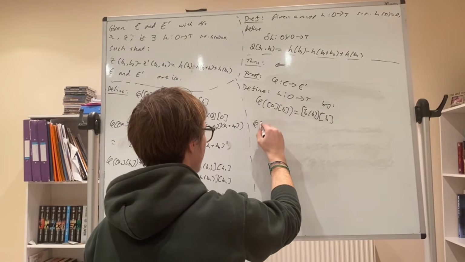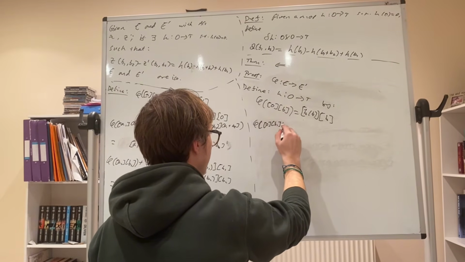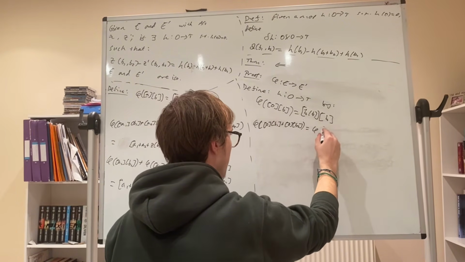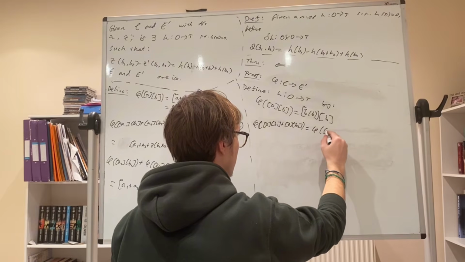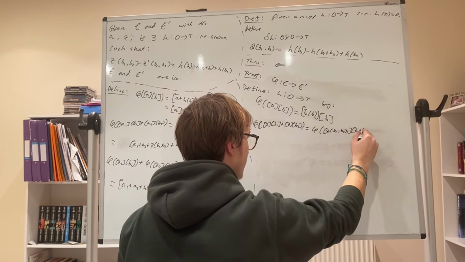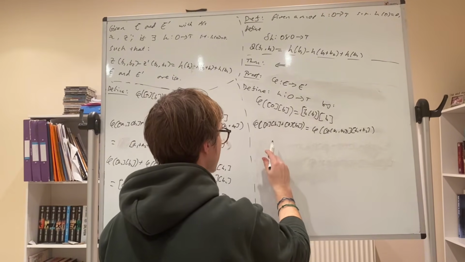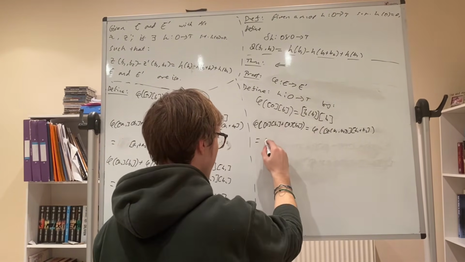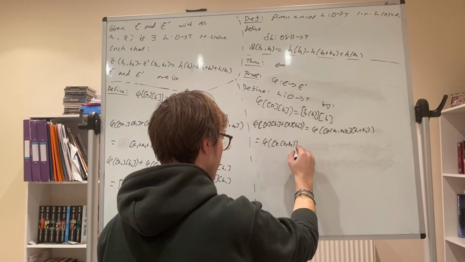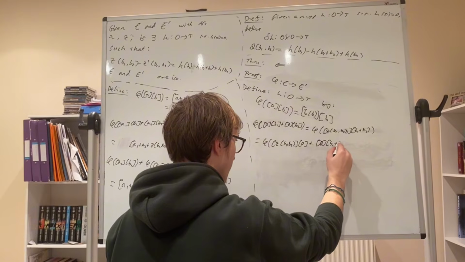Well, use the fact that phi is a homomorphism. So phi of 0b1 plus 0b2 is equal to, on one hand, phi of z of b1, b2, b1 plus b2, which is equal to phi of z of b1, b2, 0 plus 0, b1 plus b2.